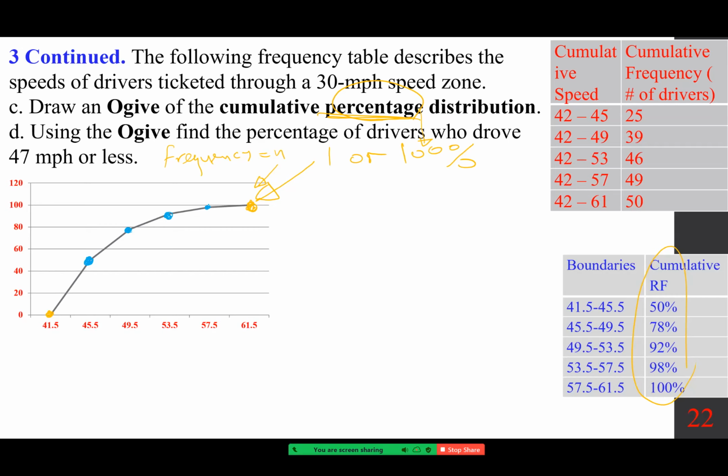And when we connect them with line segments, these are not curves, line segments, that's how we do it with an ogive. That's part C.